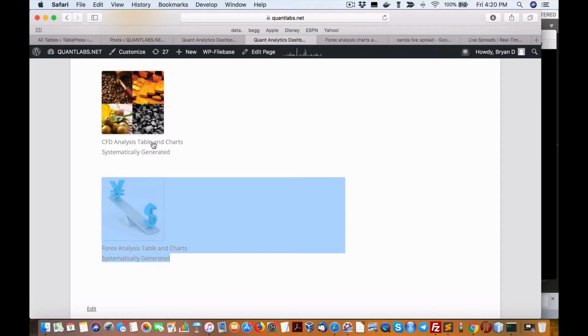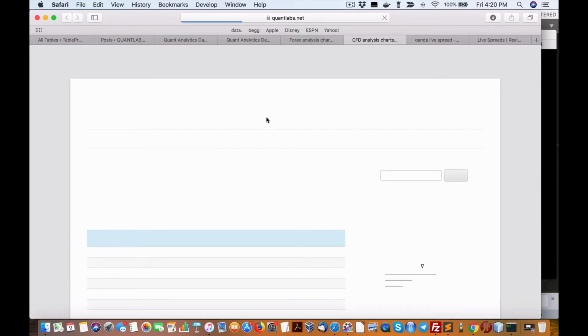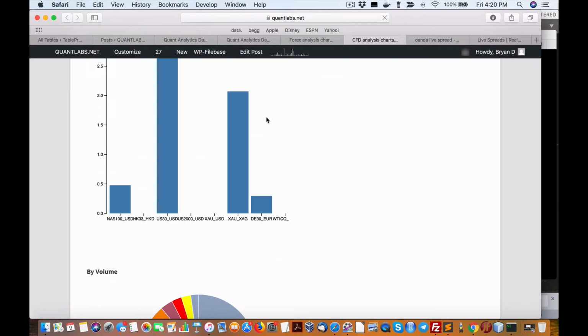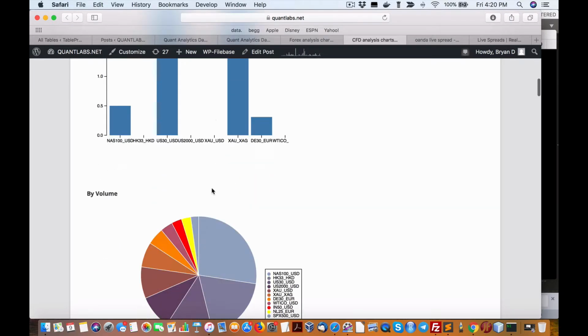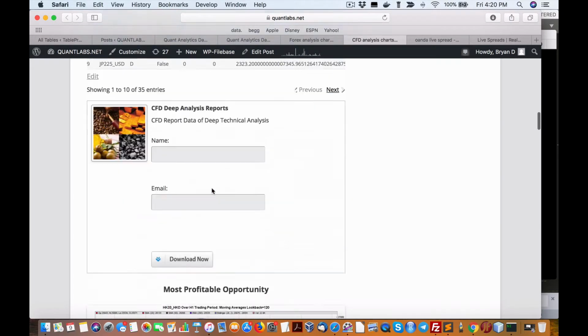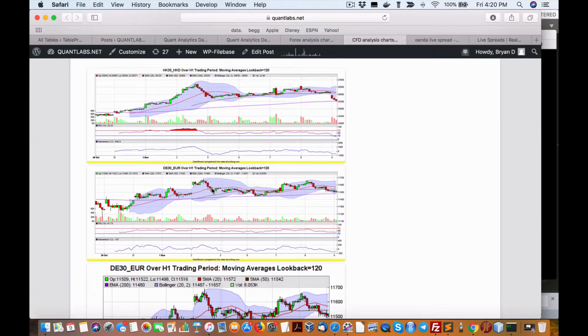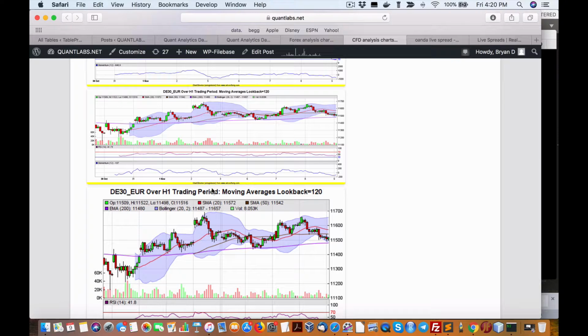Okay, so if we move into the world of CFD and look at the same pattern of the spreads in the CFD, question is, do we have the same situation? I want to also mention that I have filtered out the pairs and the instruments based upon volume. If the volume is really low, I'm not going to list them on these charts. No point in doing that.